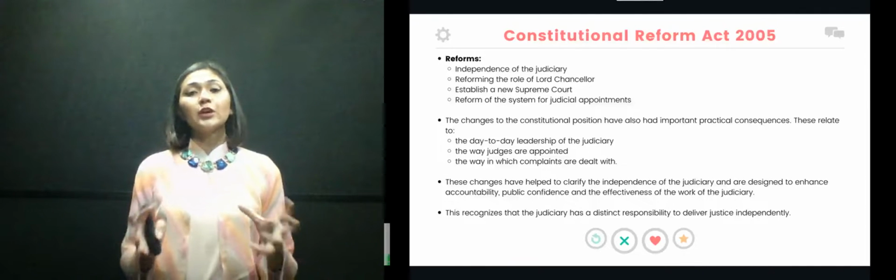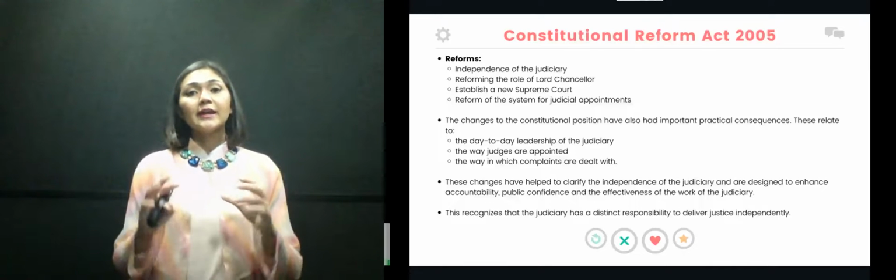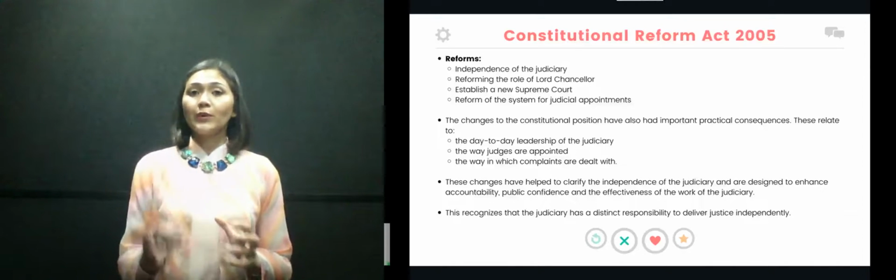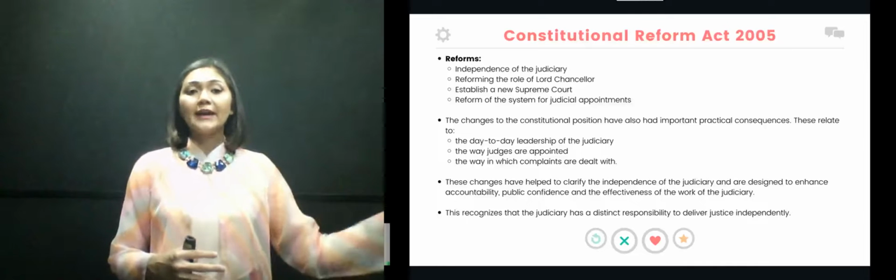These changes are quite significant because they had important practical consequences, because they concern day-to-day activities.